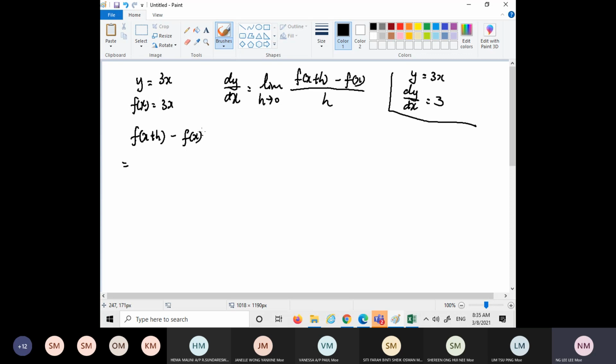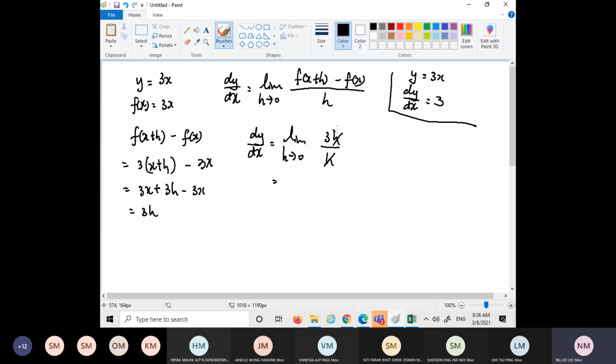If f(x) is 3x, then f(x plus h), replace this x with x plus h. So expand. 3x plus 3h minus 3x, so balance 3h. Next. So f(x plus h) minus f(x) is this 3h over h.